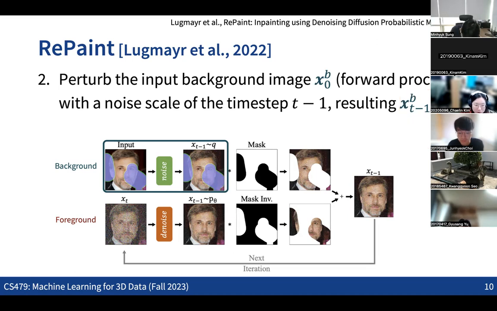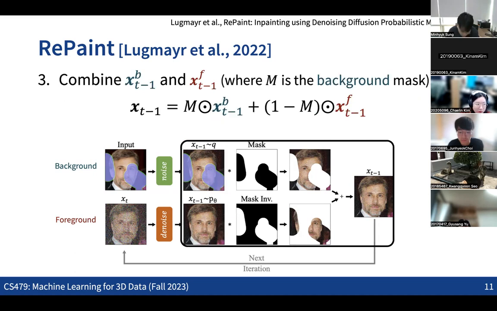So we get the foreground noisy image at time step t minus one, and the background noisy image at time step t minus one. Then we combine these two by taking specific regions using the mask. For the image coming from the foreground, we take the foreground region by multiplying by the mask.